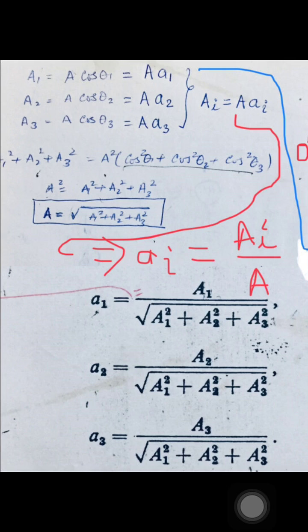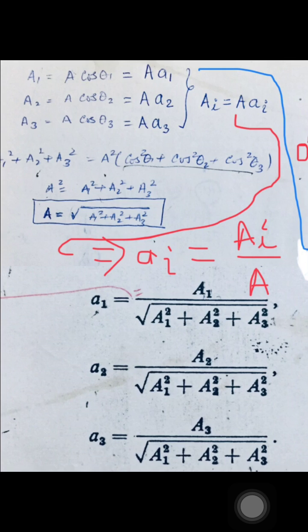So what we get is small ai, which you are seeing in red ink, is nothing but capital Ai upon capital A. So if we need small a1, putting i equal to 1, we get a1 equals capital A1 times 1 upon A. The value of A we know is the square root of A1 square plus A2 square plus A3 square.